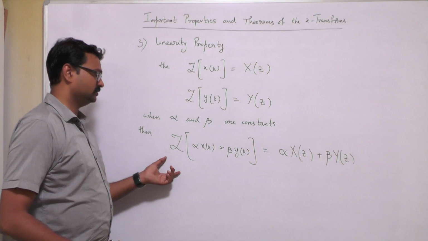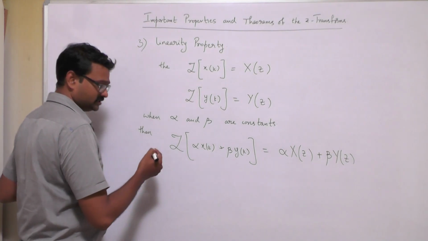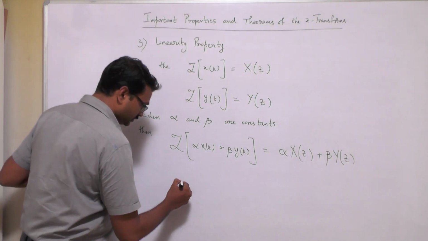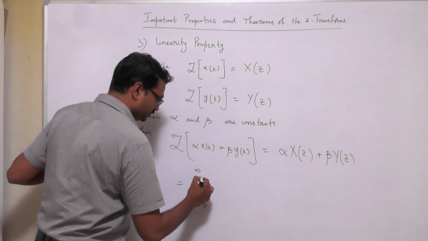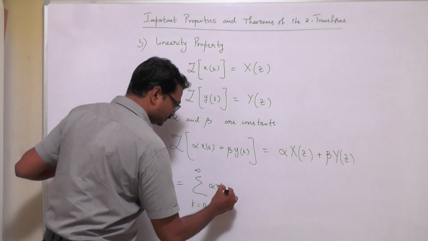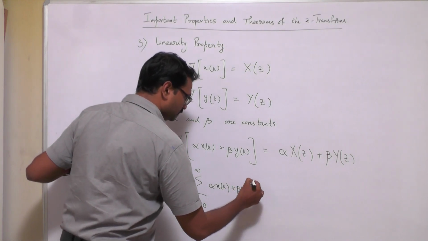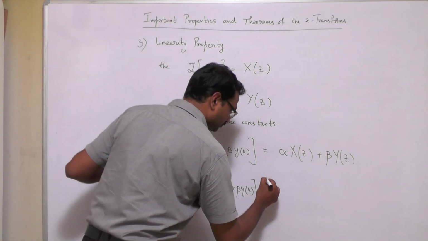Now with this in mind, you can simply utilize the definition of the Z transform. We get this to be equal to sigma k is 0 to infinity of alpha x k plus beta y k, the entire function, times z power minus k.